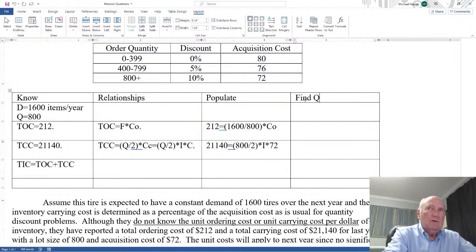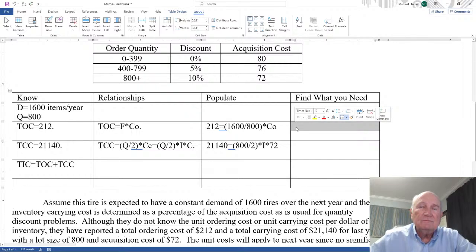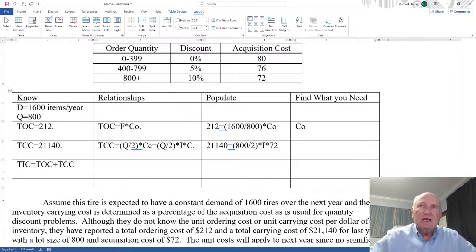Find what you need. I need C sub O. Well, C sub O will be this divided by that. I will be this divided by that. So I could write it in there. You see what I'm getting at here? And so I can actually calculate my unit ordering cost. I can also calculate my carrying cost per dollar by just solving those equations.